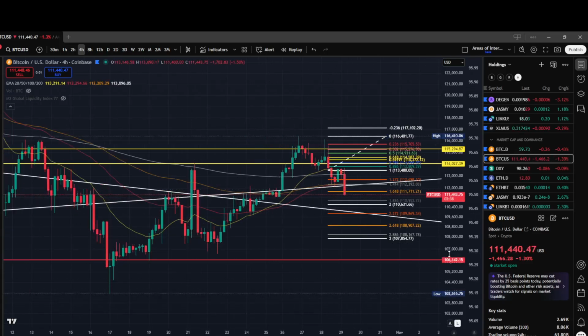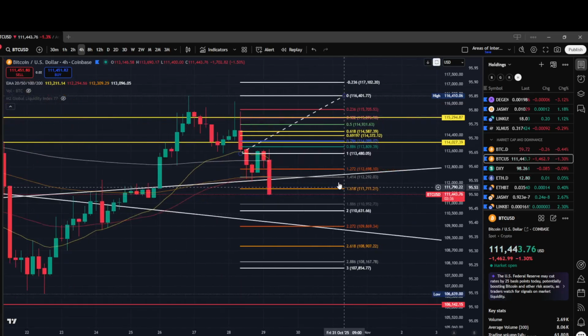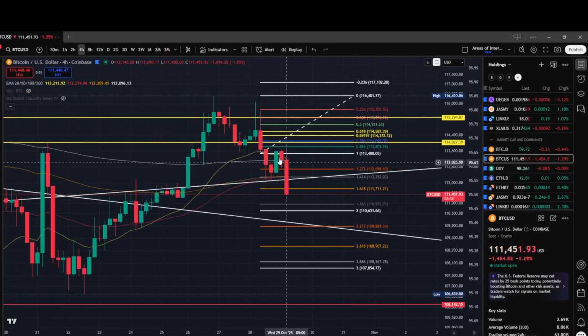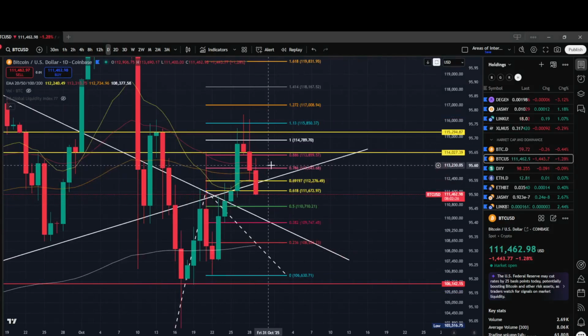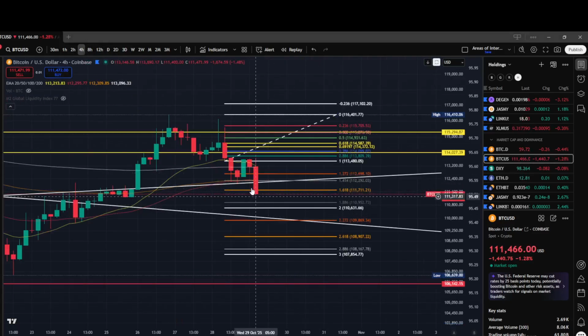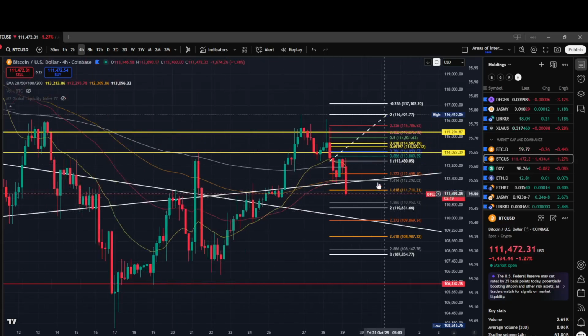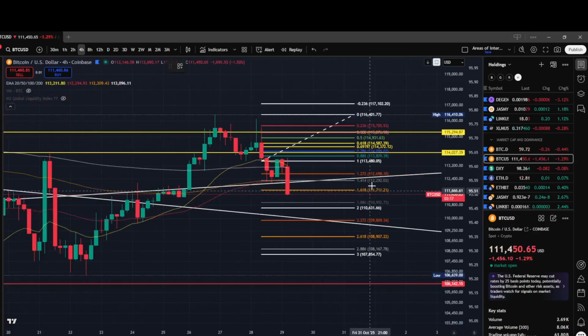But overall, the structure is still nice, right? The structure is still really nice. I do want to start looking at where we can go from here because we did pass through this 618. It was a 618 just below the trend line, or even coming down through here, interacting with this trend line.